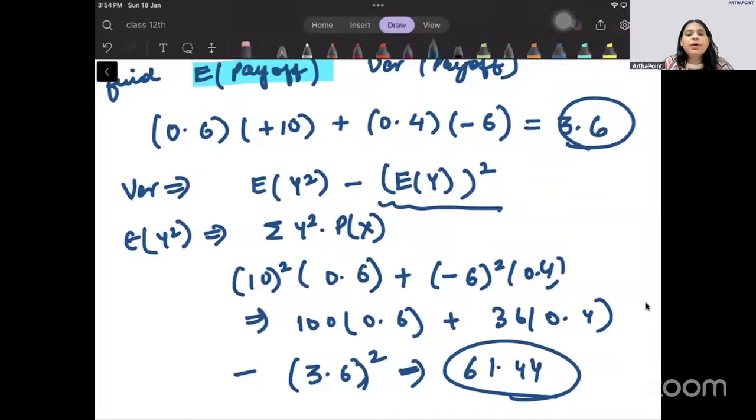ठीक है, अब Bernoulli के बाद हम आगे आते हैं to the next distribution, which is binomial भी हो गया.